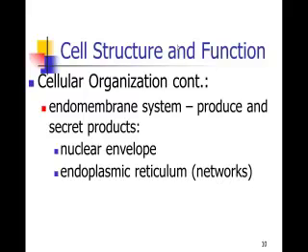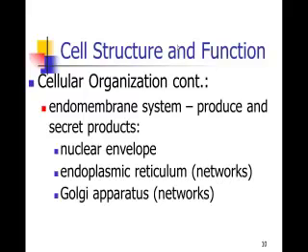The endoplasmic reticulum forms networks with the Golgi complex. The Golgi complex is sort of like a post office. It packages the products that the endoplasmic reticulum forms. The endoplasmic reticulum you could think of as a factory. The factory is where proteins, for example, are formed, and these proteins are formed with directions that came from the nucleus. We have lysosomes.